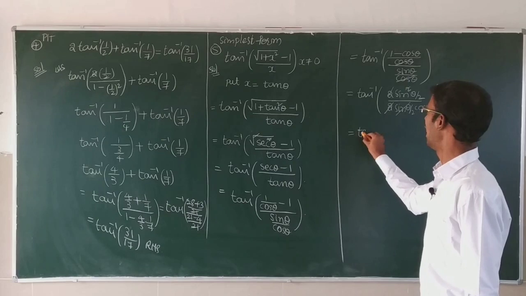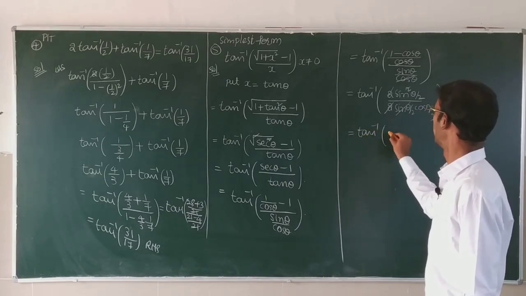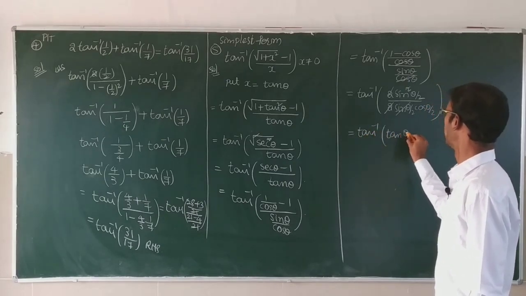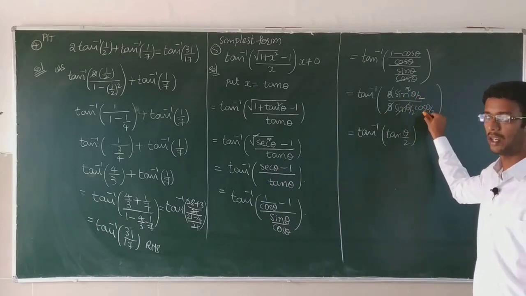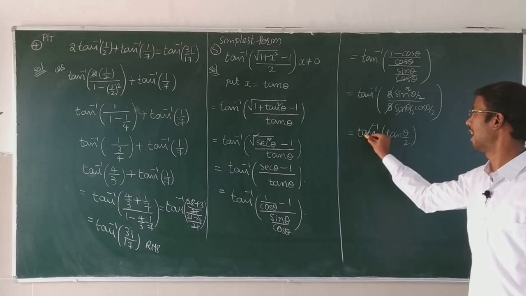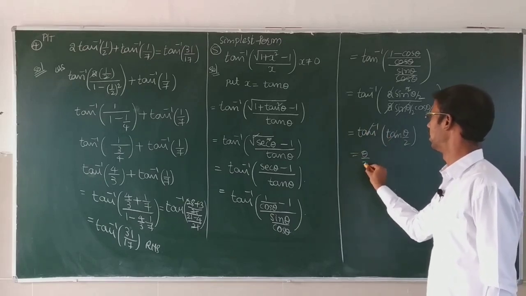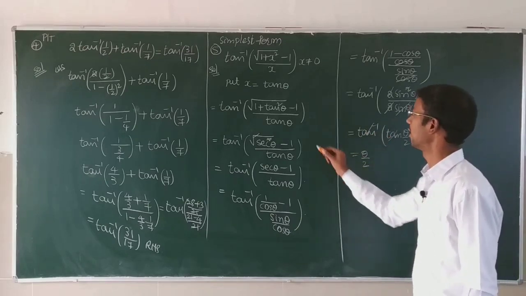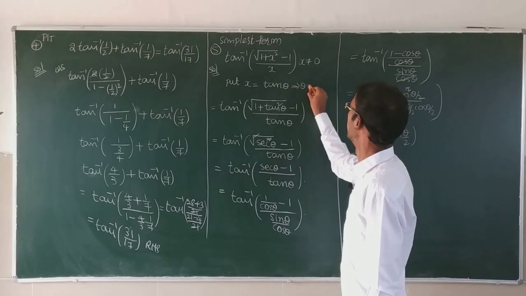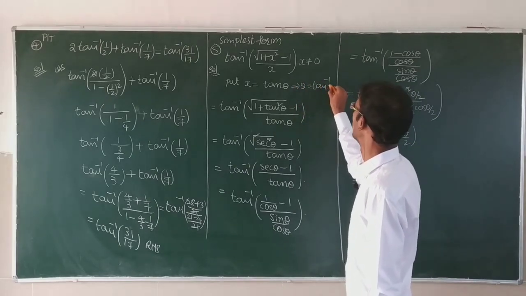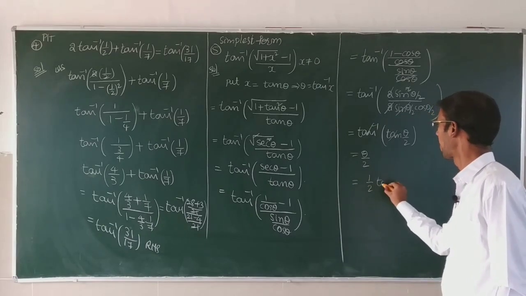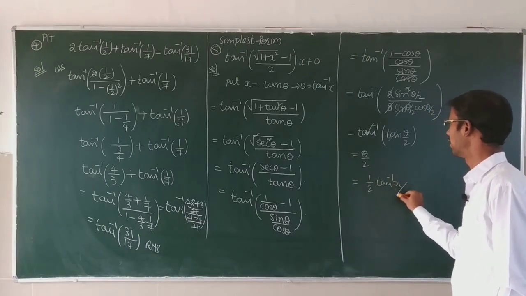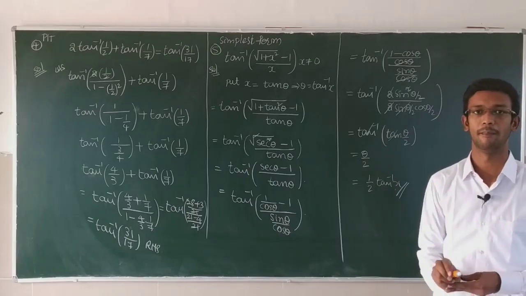Equal to tan inverse of sin theta by 2 divided by cos theta by 2, that is tan theta by 2. So tan inverse cancels, theta by 2. What is theta? Theta is nothing but tan inverse x. So it is 1 by 2 tan inverse x. This is the simplest form.